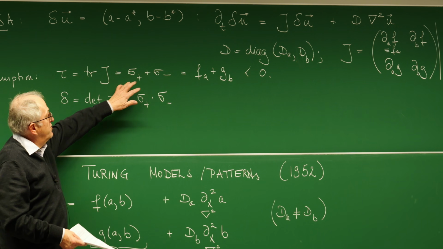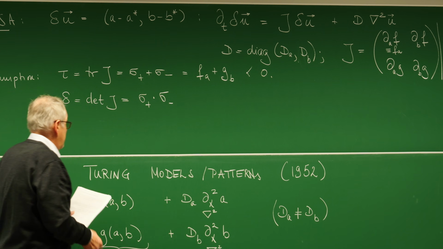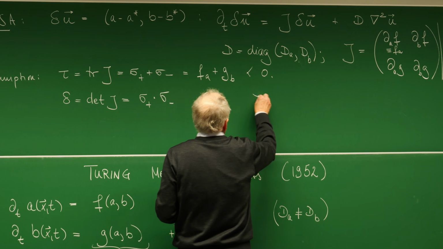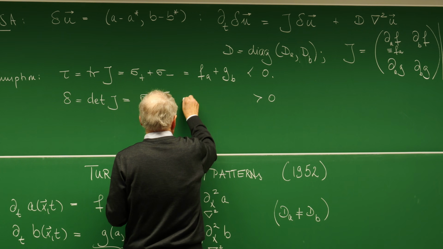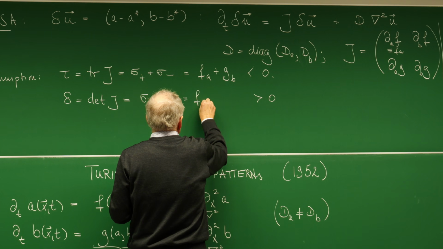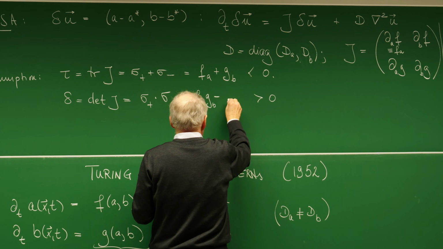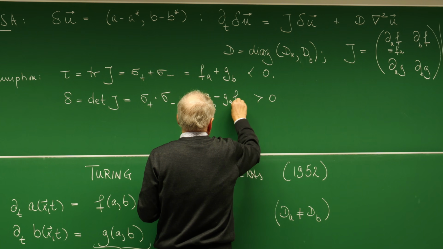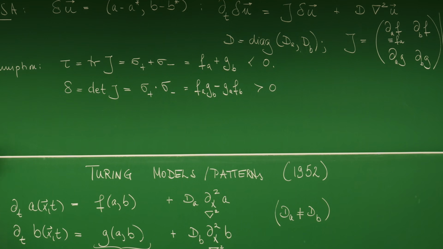Right? So then both can be negative. But you also need that the determinant is positive. And then you're sure that both eigenvalues are such that the system is stable. Fa Gb minus Ga Fb. Okay, that's what we assume.